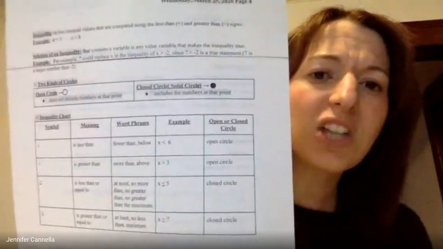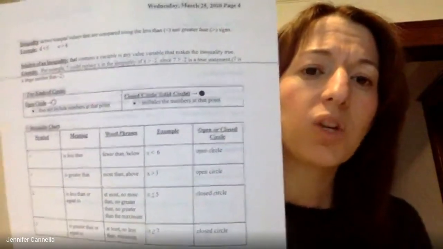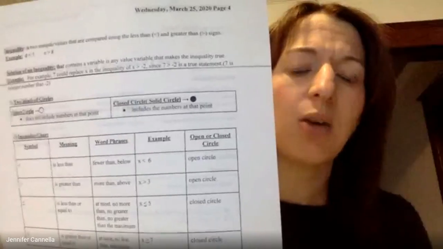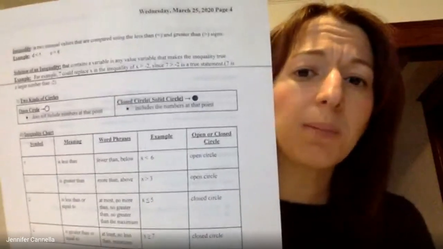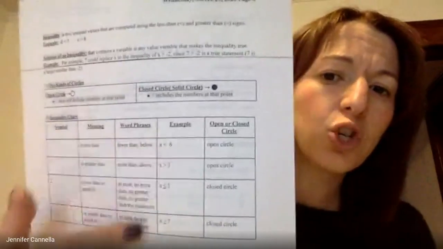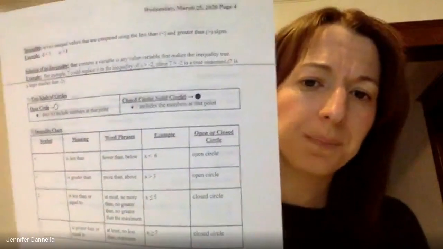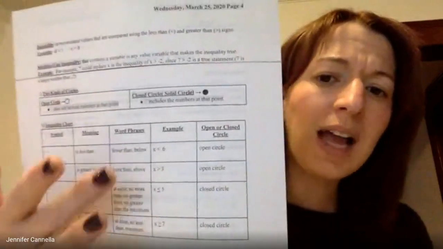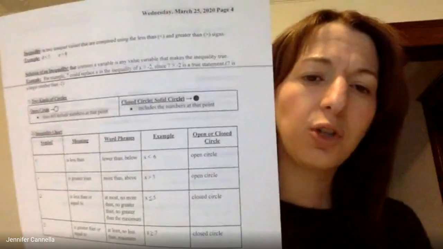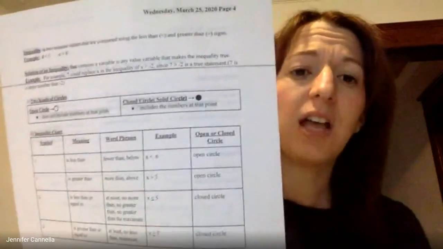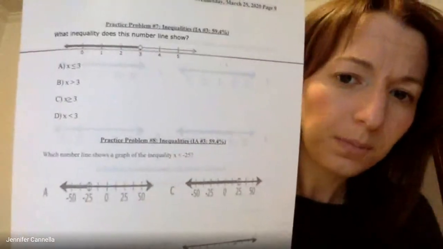So if you get stuck on the inequality problems, greater than, less than, open, closed, come back to page 4, and there's a nice chart at the bottom that we made. Again, no line, open circle; line, closed circle. To the right is greater than, to the left of 0 is less than. Let's take that now and apply it to this question.